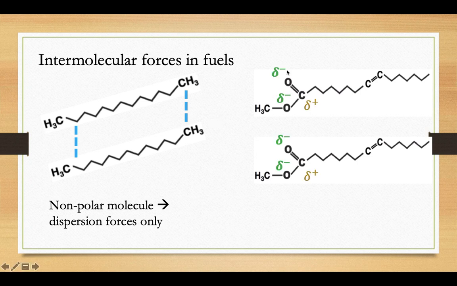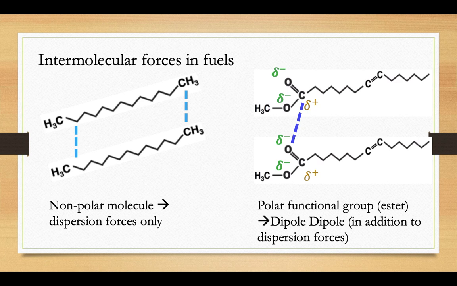So we have part of the molecule partially negative, and this part of the carbon will be partially positive. Therefore, it's blessed with one more layer of intermolecular forces. That's the dipole-dipole attraction between the negative center and the positive center. So this entire molecule is slightly polar.